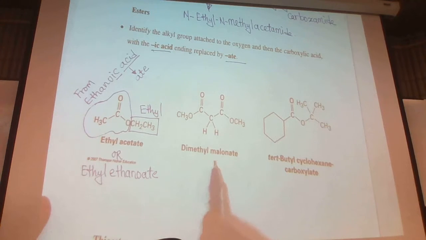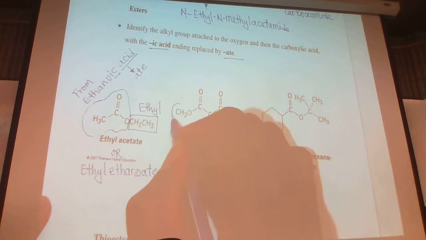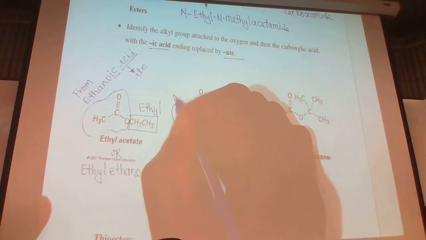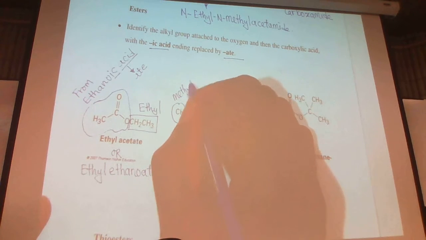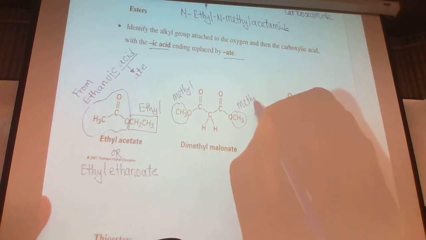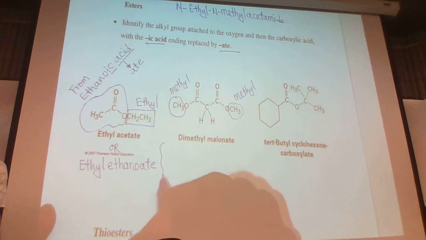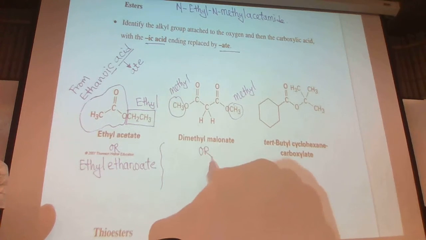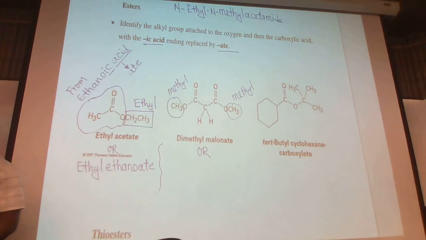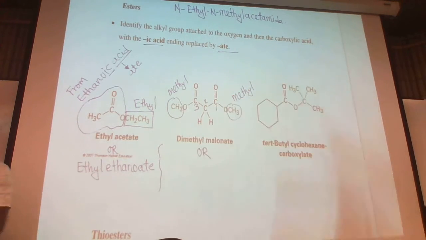Now this is a common name, dimethyl malonate, because it has a methyl group here and another methyl group there. So that's why dimethyl malonate is a common name. So you have to remember that. But if you want the systematic name, which is the IUPAC, you're going to look at how many carbons you have here, which is 3.